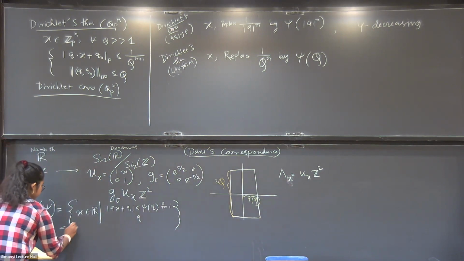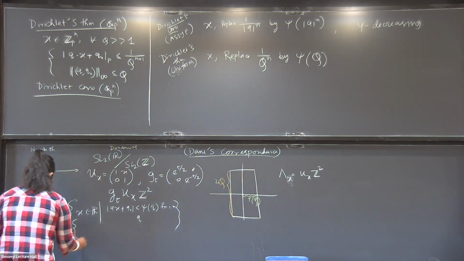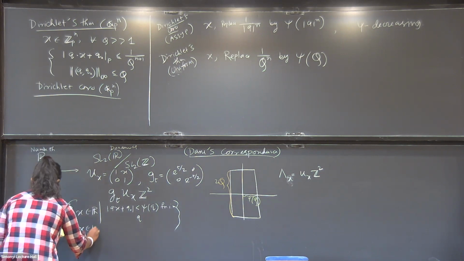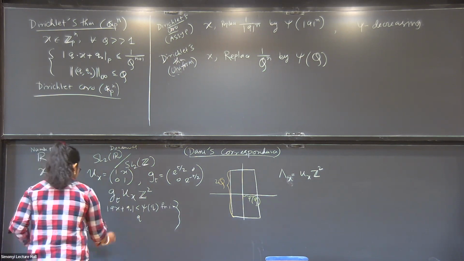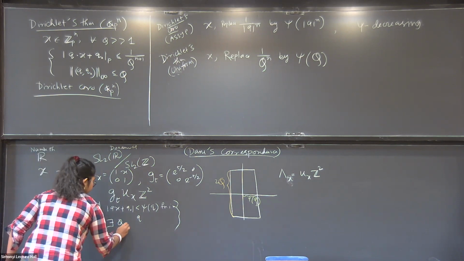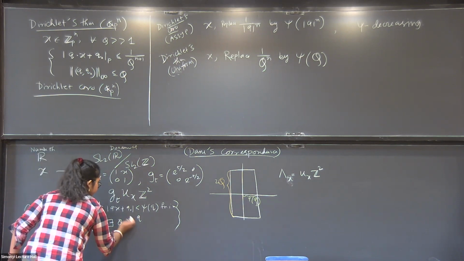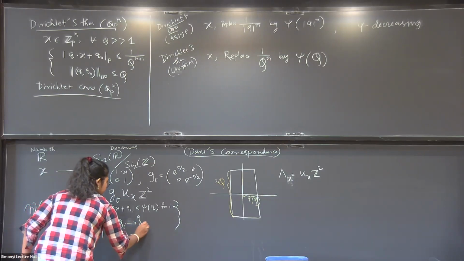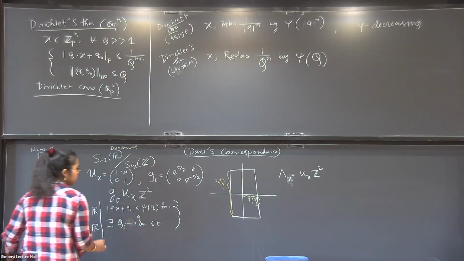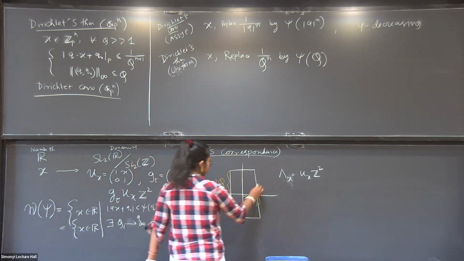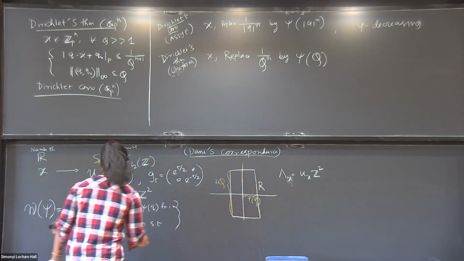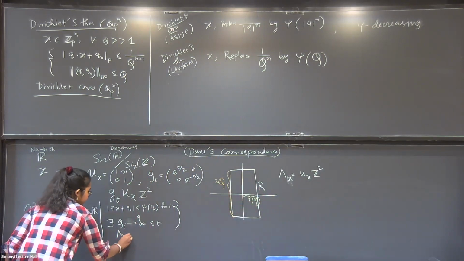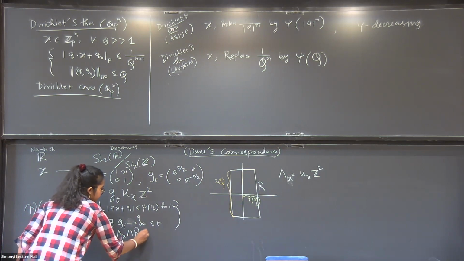So I want to write that down. So this is just X in R. There exists Q unbounded, so maybe Qi going to infinity, such that, let me call this R, lambda X intersected with R is non-empty.